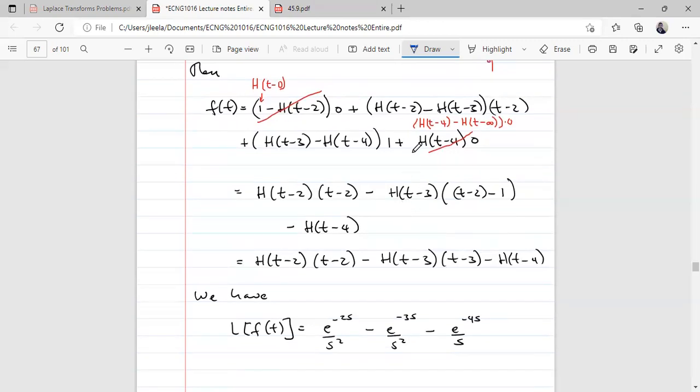So when you expand this out, from this part you're getting your t minus 3, plus h at t minus 3, which is what you'll get here when you multiply the minus h at t minus 3 by 1. And then finally, you'll have h at t minus 4.